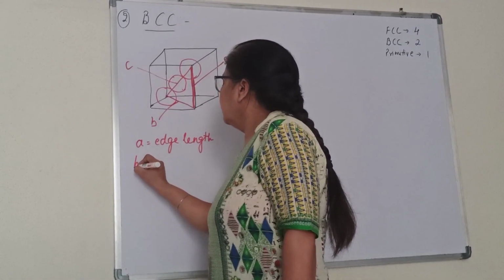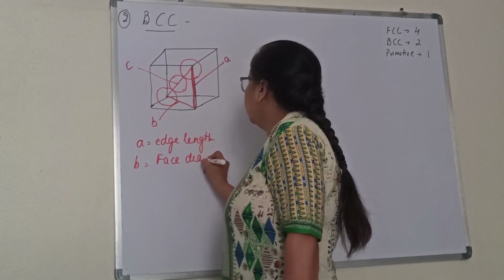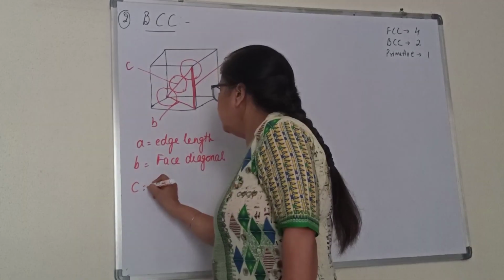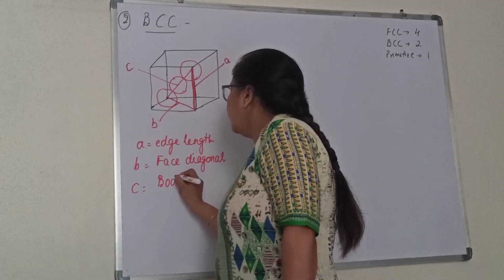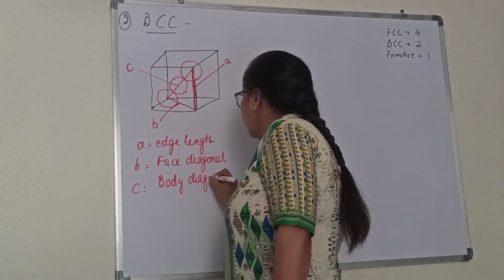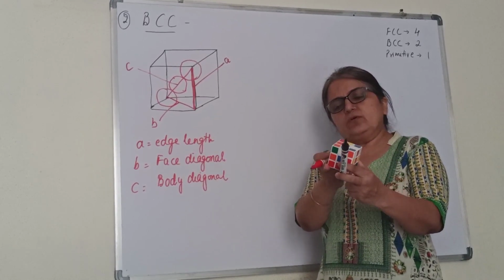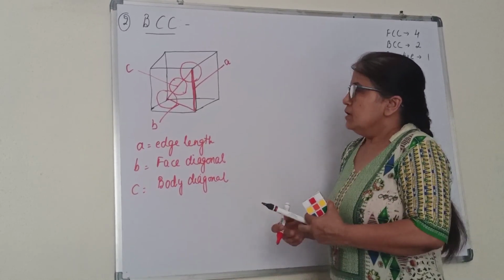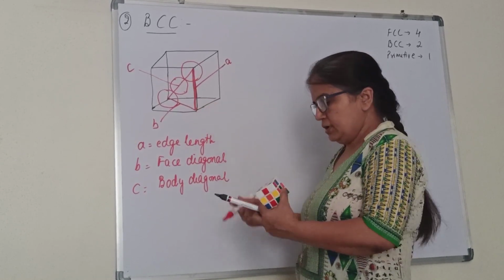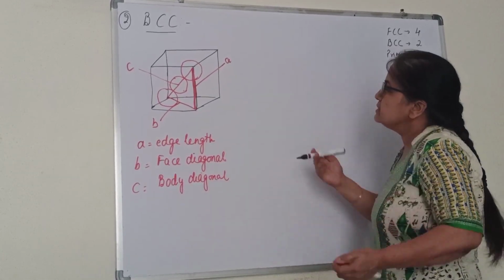B is face diagonal. And C is body diagonal. Body diagonal means from one corner to the opposite side corner. That diagonal. So here this will be 90 degree. Okay, so now taking that into consideration, we will draw like this.